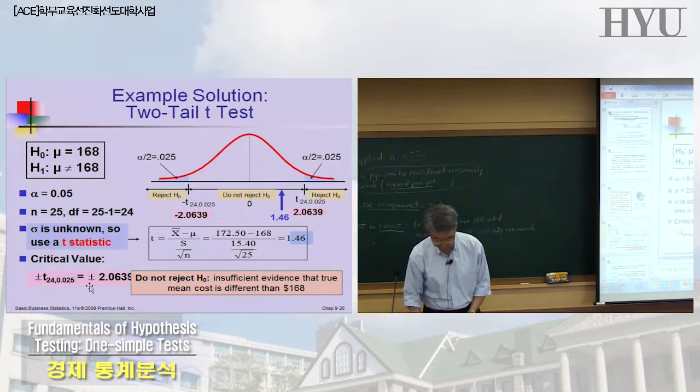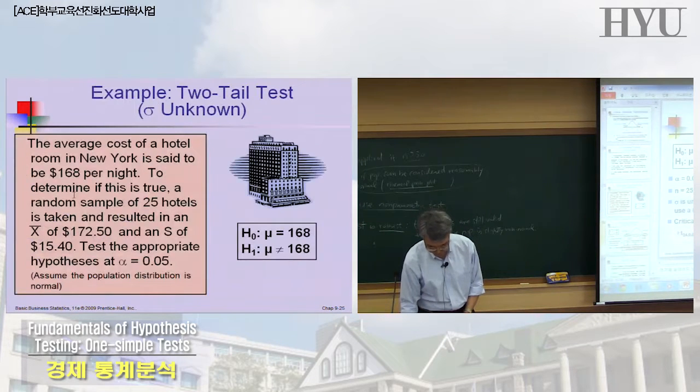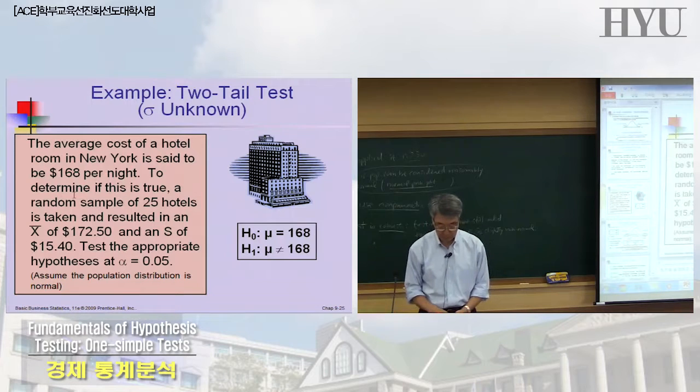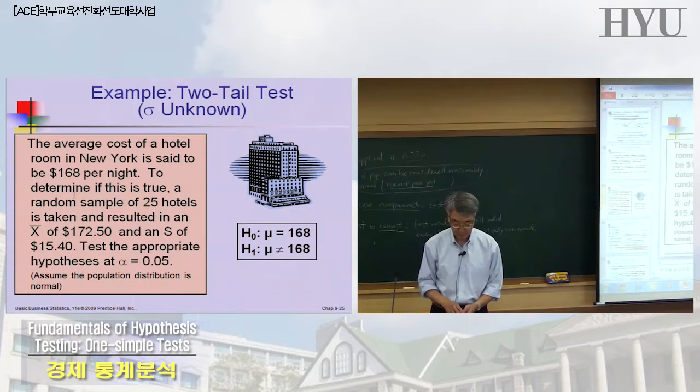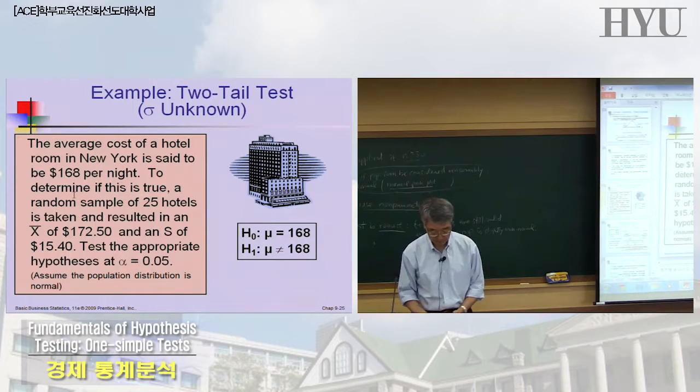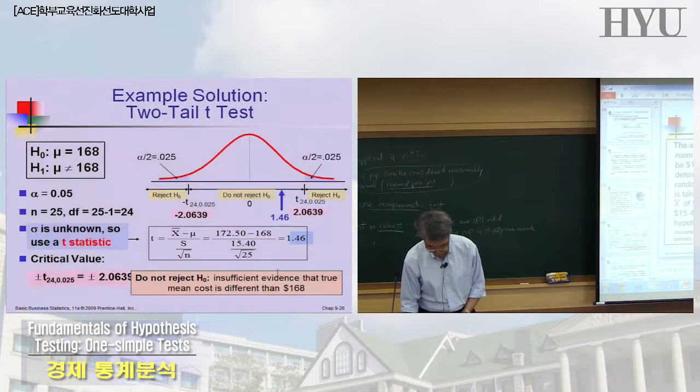All right, so we have the null and alternative hypotheses. The story is somebody claims that the average hotel cost in New York City is $168 per night, and we want to test this claim. So the null is mu equals 168. The alternative says mu is not equal to 168.